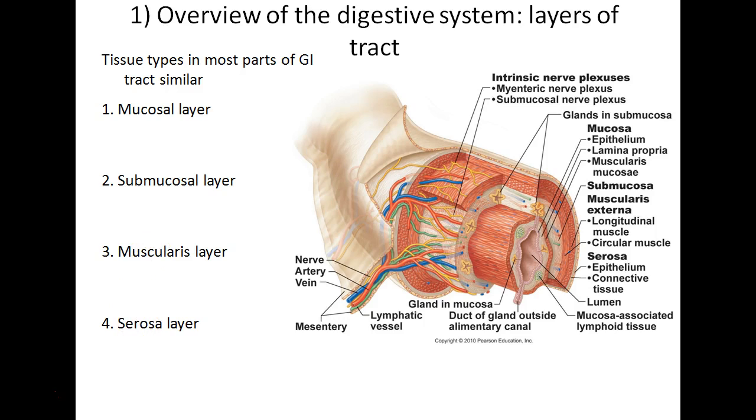Let's go more in depth into each one of these layers. We'll start from the inside with the lumen. This lumen gets its name from the word light, so to speak, because it's empty and clear. But of course, this is typically going to be filled with items like food or chyme or feces.